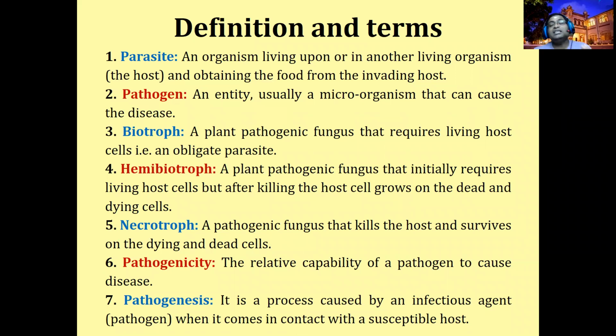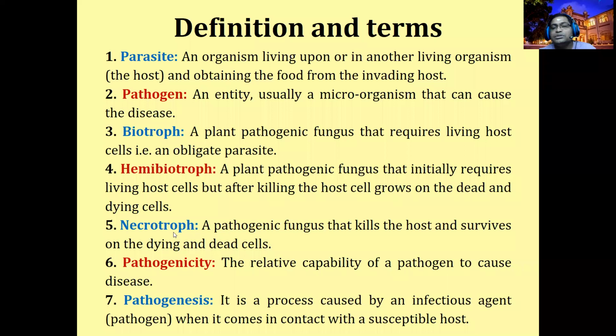Definitely, they will kill the host by producing certain enzymes. We will discuss this in the next chapter. After the host is dead, they can draw nutrition for growth and multiplication. This is what we call a hemibiotroph.